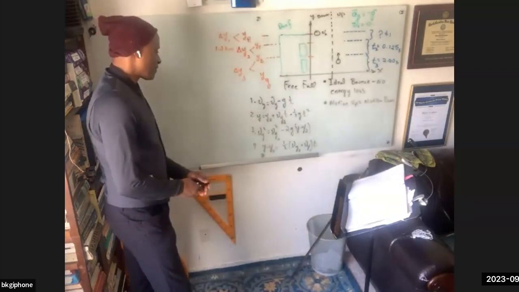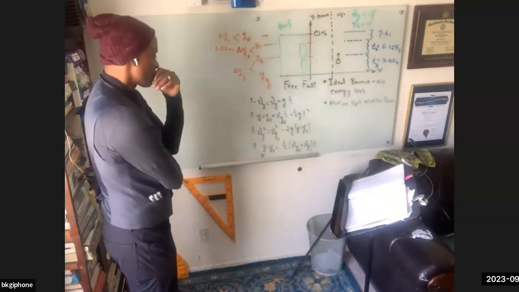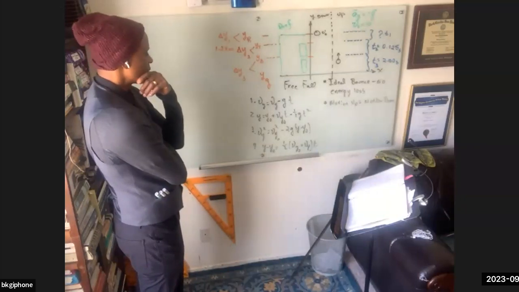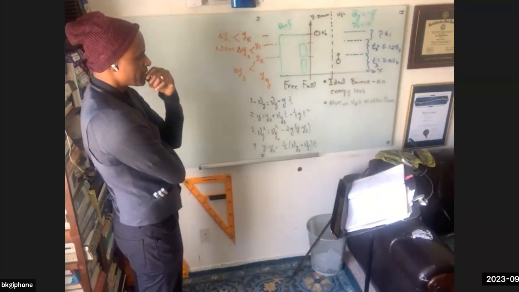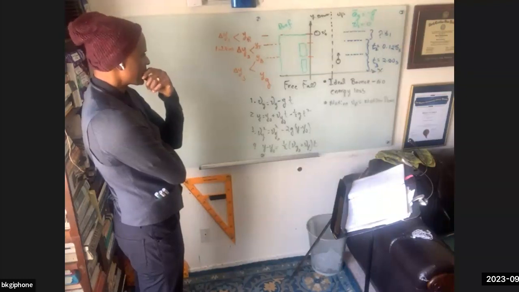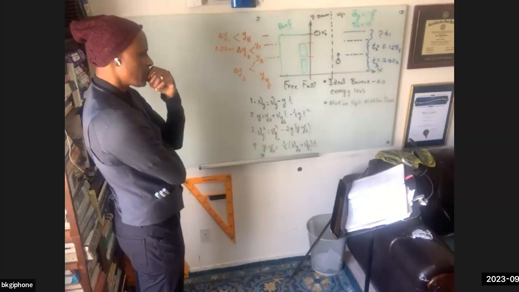Now I could get the average velocity. That's the only thing that I could get in there. Would that help me? Is the average velocity constant? I don't think it is. No, it can't be. Or is it?